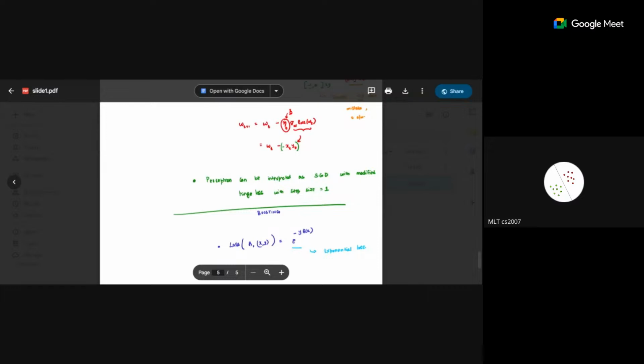See here, when do you get the gradient value to be 0? According to the perceptron loss function, if my classification is correct, the loss value is 0, which is a flat region, so the gradient will be 0.